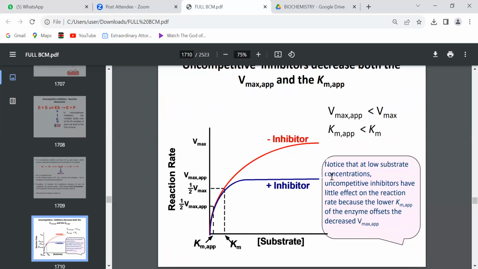They have little effect on the reaction rate because they lower the Km of the enzyme, which offsets the decreased Vmax. Uncompetitive inhibitors lower both the Km and the Vmax.